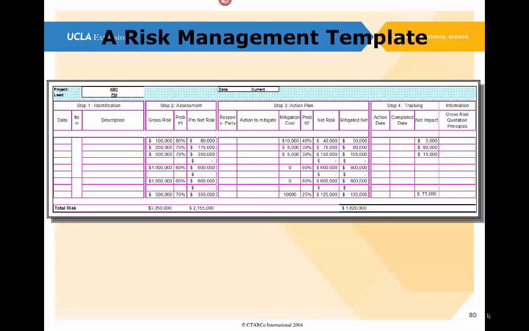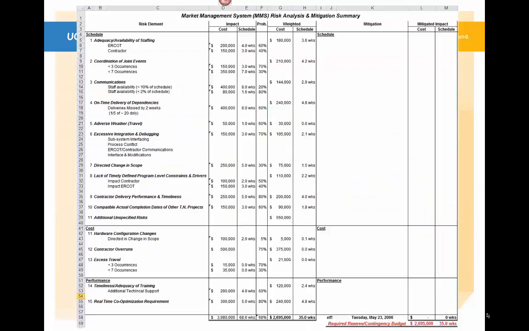Step one, identification. Step two, assessment. Step three, action plan. Step four, tracking. And then there's an information column for whatever information you would like to have in there. With that, I want to come back to the risk analysis and mitigation summary sheet from my project that I managed, and we went over this last week.